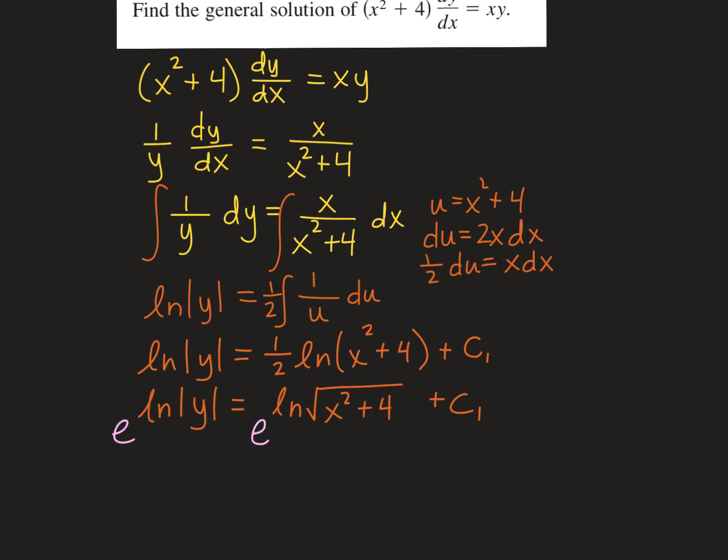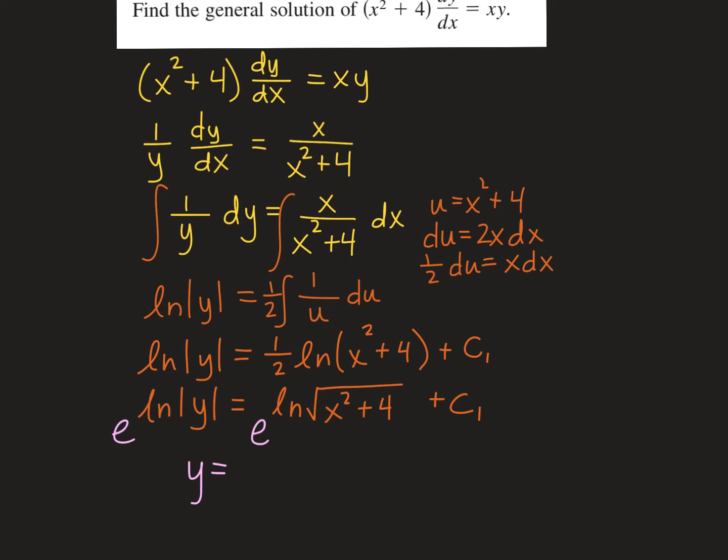And remember, e to the natural log of a cow is a cow. So on this side here, we just have the absolute value of y, which can actually just get dropped, so long as we put a plus or minus out in front. So we will see that in just a second. I also just want to point out this is e to the a plus b, which is really e to the a times e to the b here.